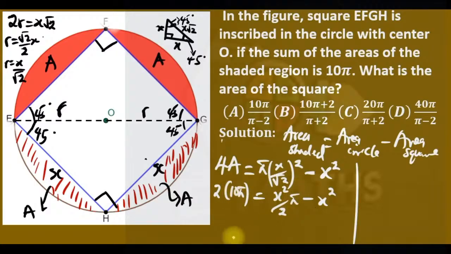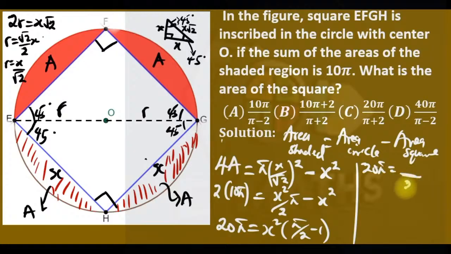So we have 20 pi is equal to factor x squared, which is pi over 2 minus 1. And pi over 2 minus 1 is pi minus 2 over 2, x squared.